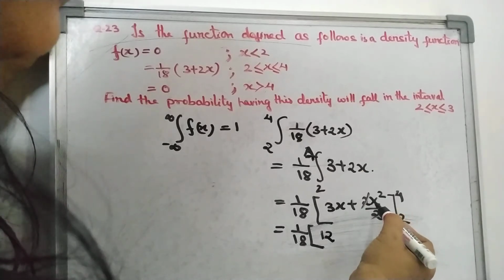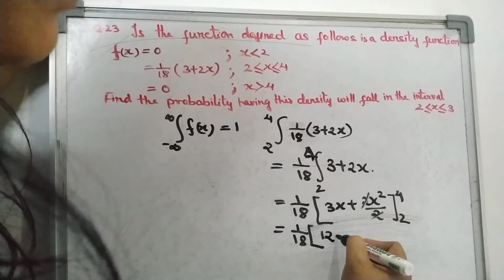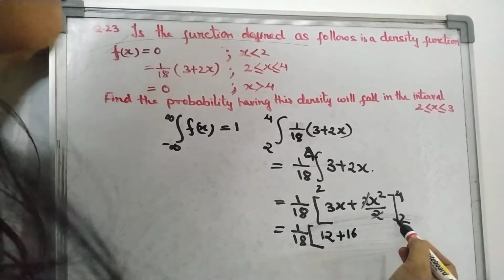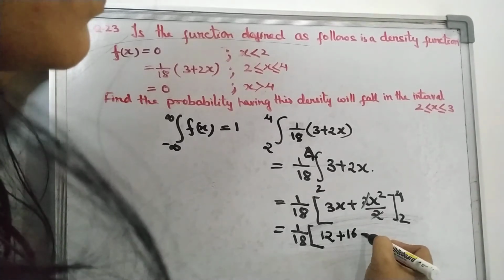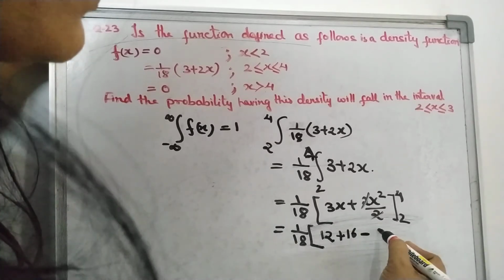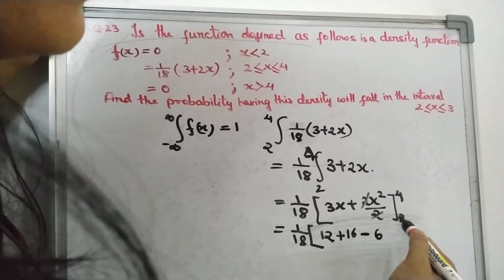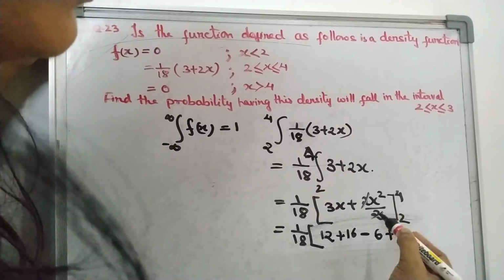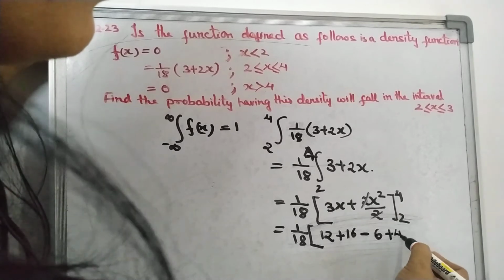Here if we put 4 in x², it will be 16. Now minus the lower limit 2: 3 times 2 is 6, and 2 twos are 4.